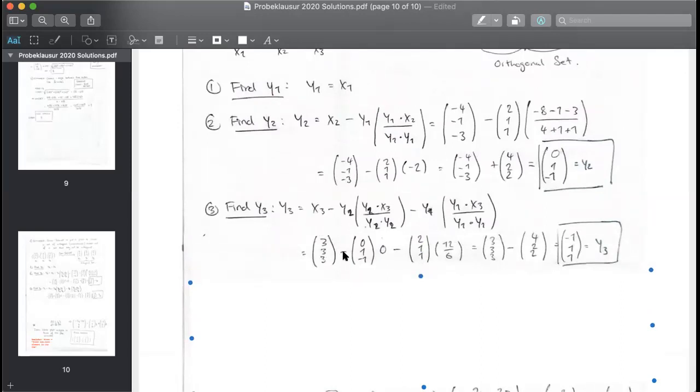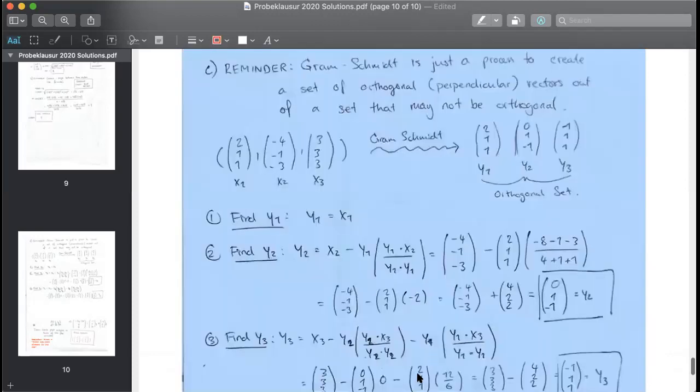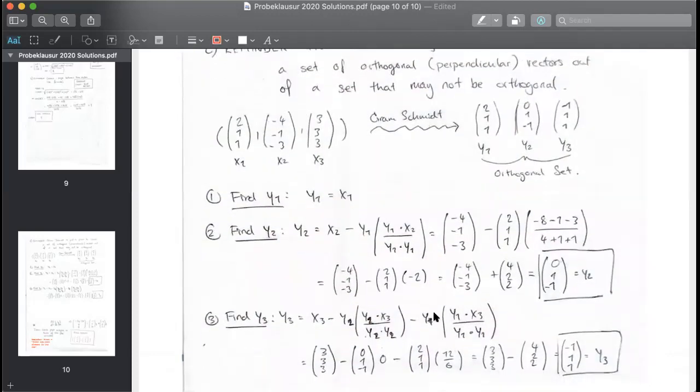That's x3 minus y2. The dot product turns out to be 0. Minus y1, okay, y1 is here, and times that dot product, which is 12. The dot product of y1 with itself is 6, right? So you get this one minus 0.